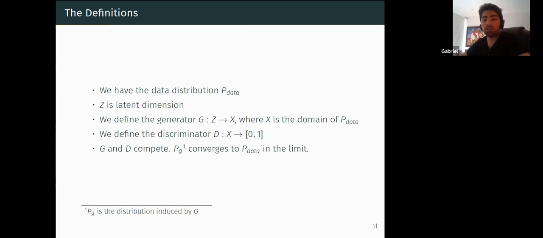And the discriminator is going to output some mapping from X to the interval 0 to 1, namely the probability of this image or this sample being real or fake. In this case, G and D compete. And ideally, the distribution induced by G converges to the distribution of the original data in the limit.